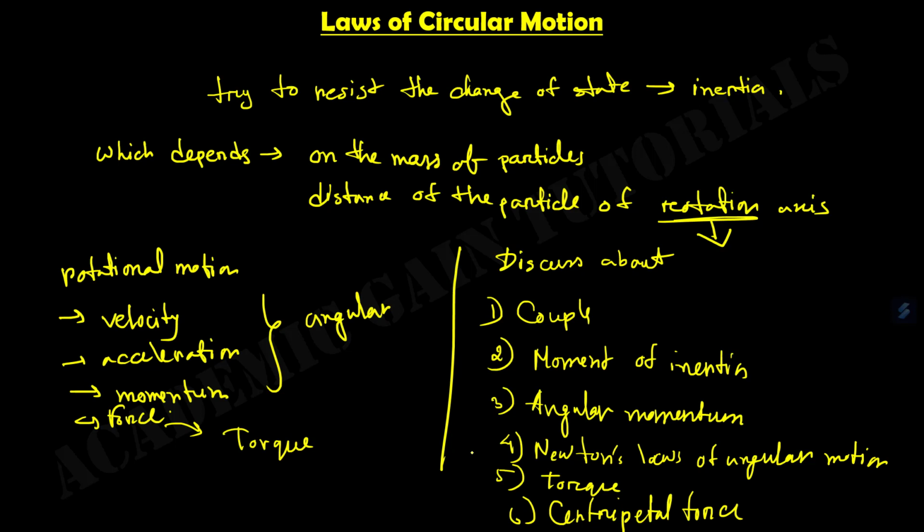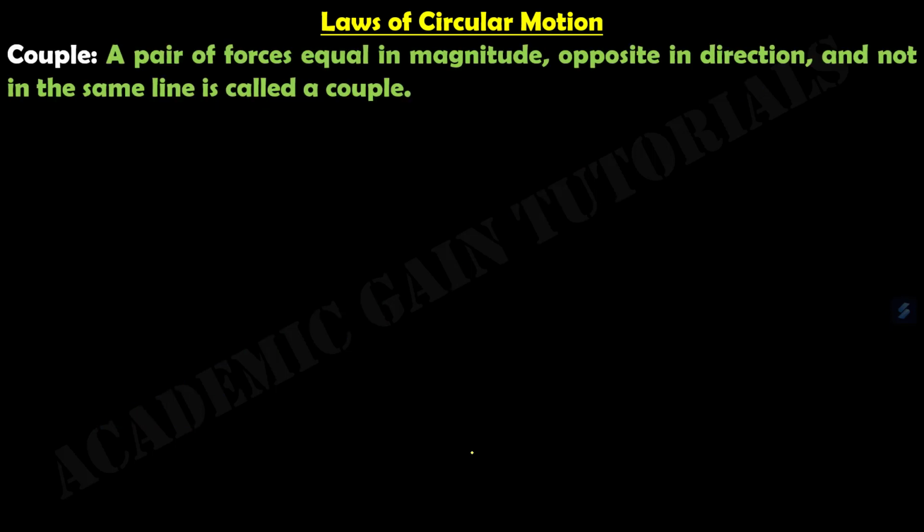So now coming to the first topic, which is known as couple. So what is couple? The definition of couple is a pair of forces equal in magnitude and opposite in direction. So first of all, the magnitude of the forces will be equal, then the forces will be in opposite direction. And one important point is this is a pair of forces not in the same line, and it is called a couple.